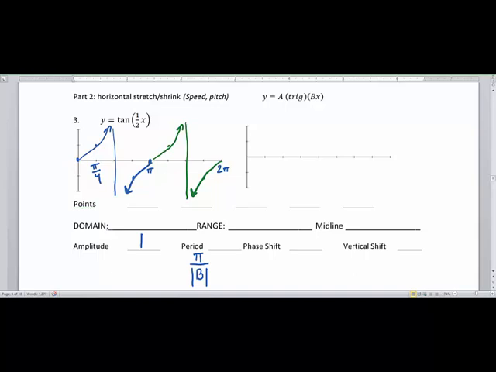Pi divided by b is going to be then pi divided by 1/2, which is another way of, I can manipulate that here. I can go pi times, skip, flip, multiply, 2 over 1. So this means that my period is now 2 pi. So the period is 2 pi. So instead of this being pi, it's now 2 pi.